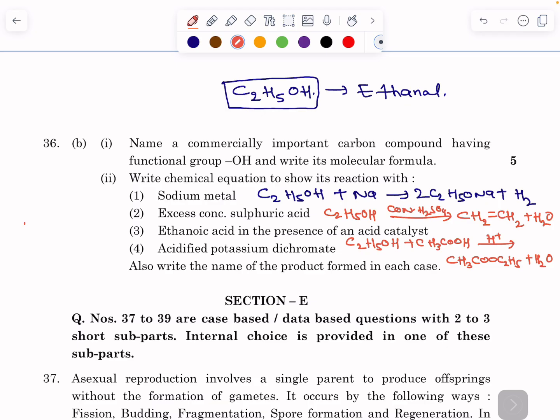So now if ethanol is oxidized in presence of acidified potassium dichromate, that is K2Cr2O7, then this ethanol becomes ethanoic acid. These are some reactions of ethanol, right?